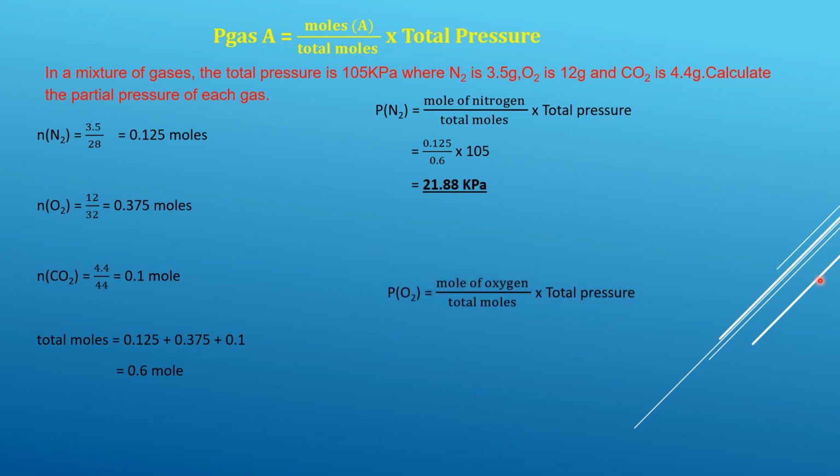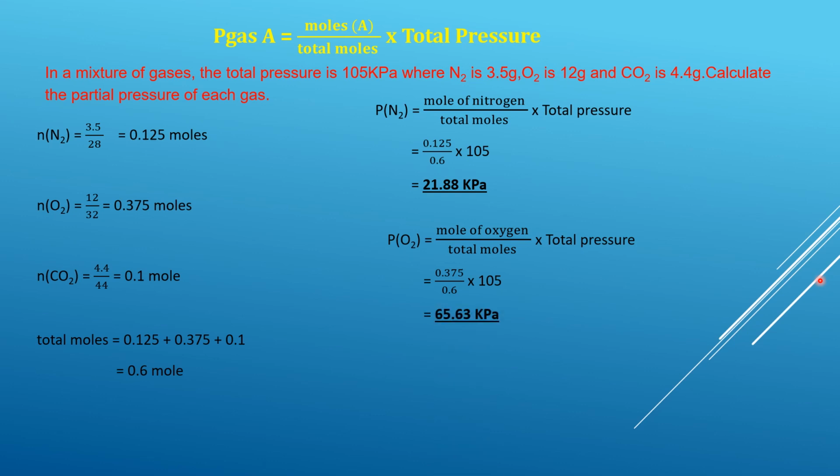We'll do the same thing for oxygen now. We have the mole of oxygen divided by total mole times total pressure, and the pressure of oxygen comes to 65.63 kilopascal. Finally, you find the partial pressure of carbon dioxide. Substitute your variables, and it will come to 17.50 kilopascal.